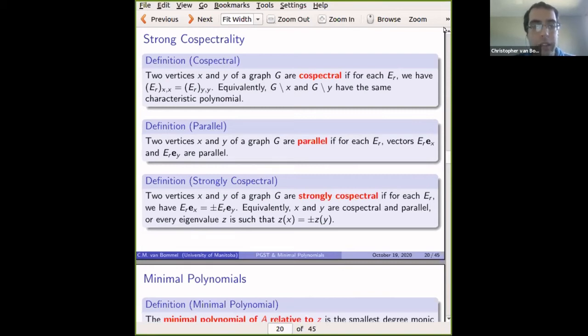What we say is that the vectors we get are either equal or opposite. And another way of verifying strongly cospectral that arises is, if we look at any of the eigenvectors, then the entries corresponding to vertices x and y should always be equal or opposite.